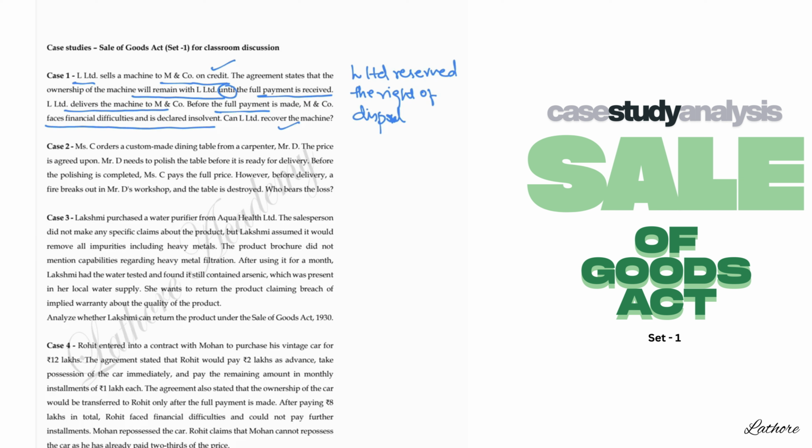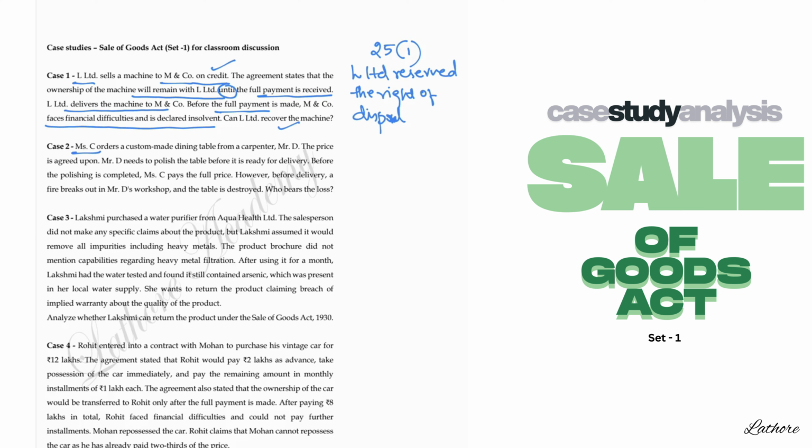If the payment is not made, the property in the goods remains with L Limited. So this is covered under Section 25(1). In this case, L Limited can recover the machine because M Company has not fulfilled the condition of making payment.